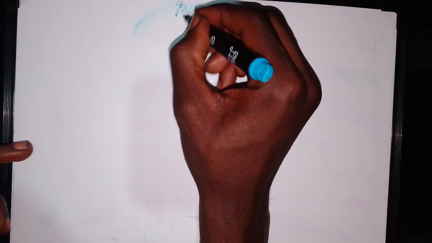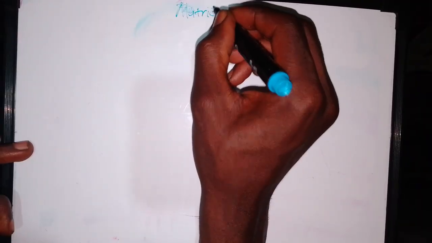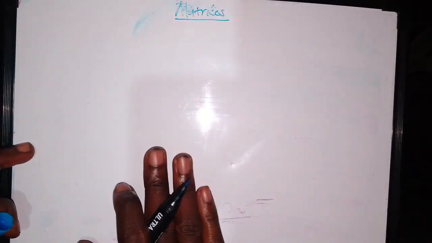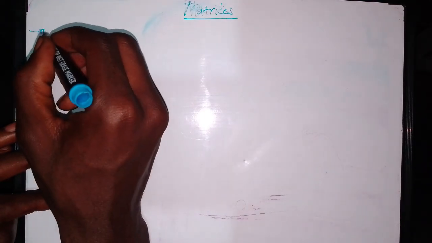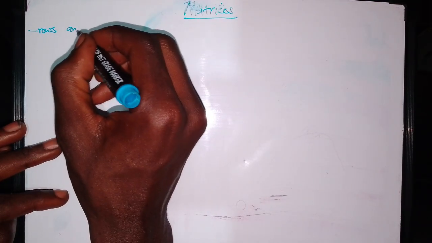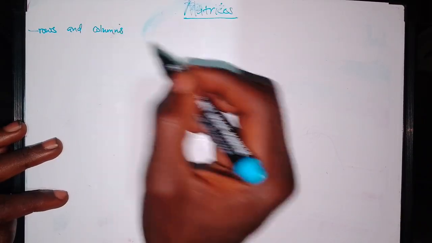To begin, what are matrices? In simple terms, matrices are just an arrangement of numbers in rows and columns. So what do we mean?